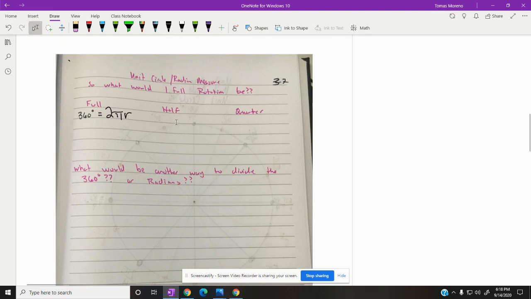But what about half? Well, if I cut 360 in half, that means I have to cut this one in half. So half and half would give me 180 degrees. The two will cancel, leaving me pi r. So that means half of a circle is just pi radians.